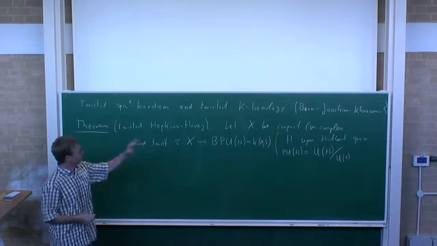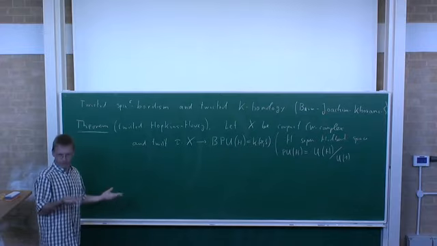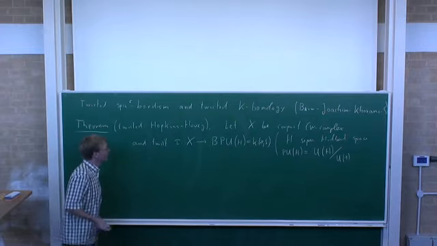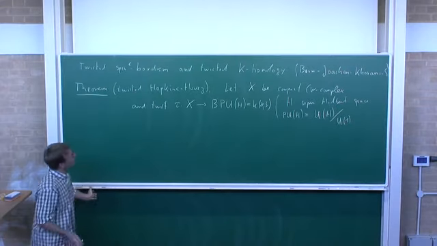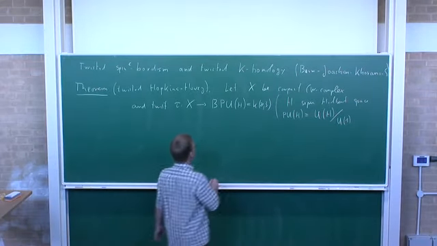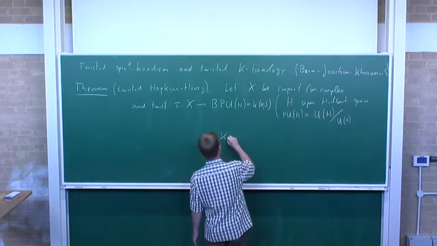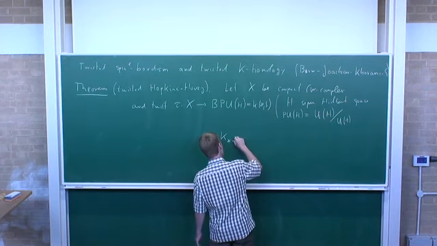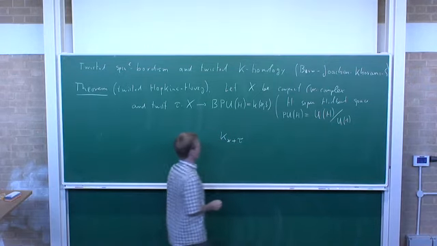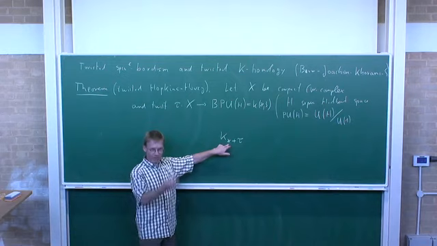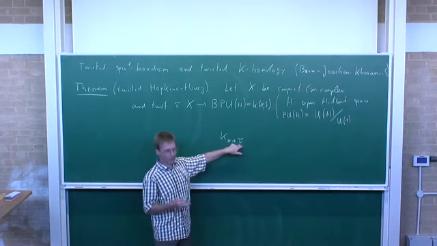So we have a space and a twist, and then we can talk about twisted homology. And the idea is to compute the twisted K-homology. Let me write it like so. I'm thinking of degree as also some kind of a twist, and we can combine it with this other twist.